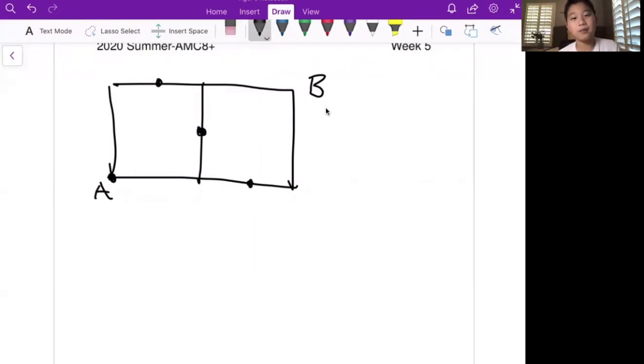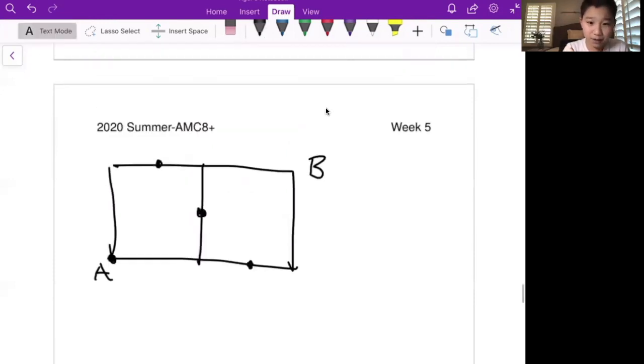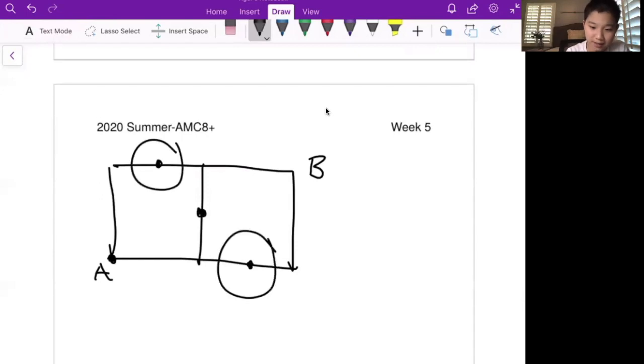There's no other places they can meet. Like there's no other place which they're both the same distance from Alice and Bob. That's what it means. So they can only meet right there. So let's analyze each of them separately. In fact, we can do this and this at the same time because they're symmetric.